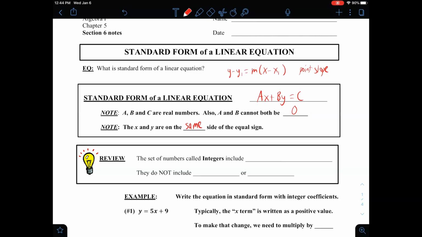And actually, one thing to be careful about is that a, b, and c should all be integers. And integers are going to be what's called positive and negative whole numbers. They do not include fractions or decimals.